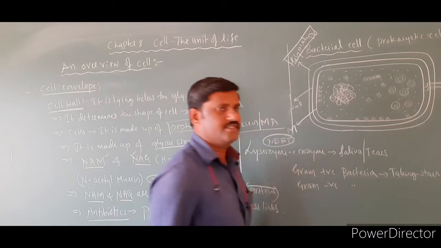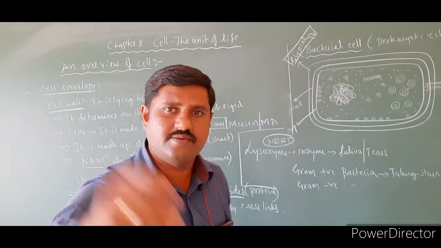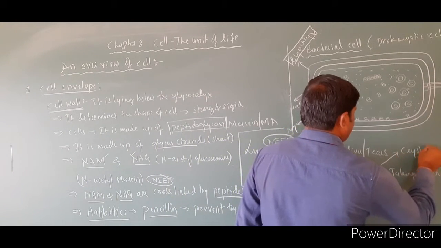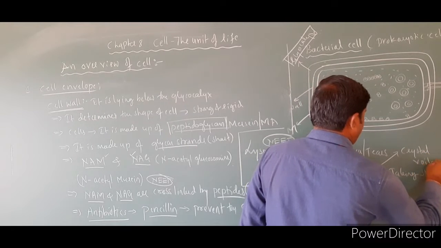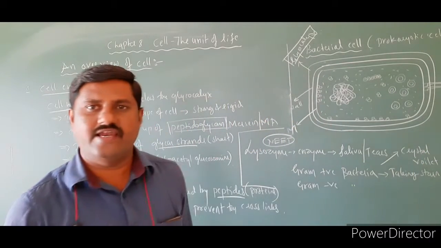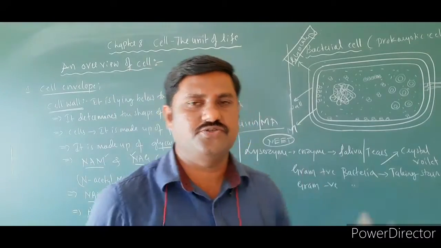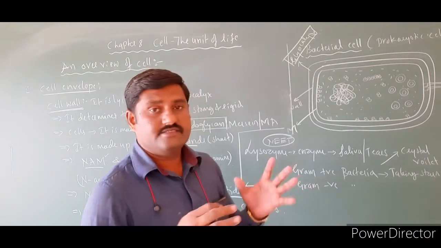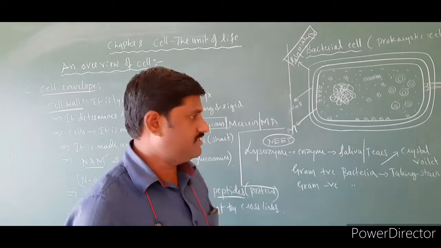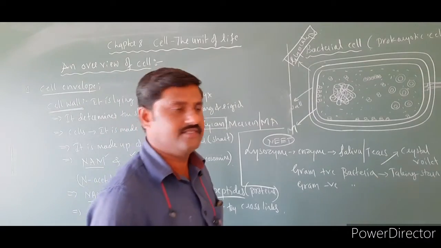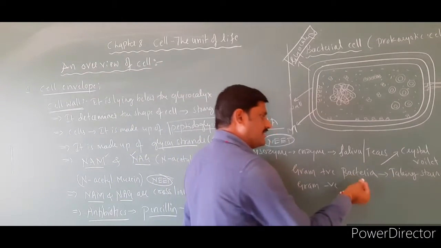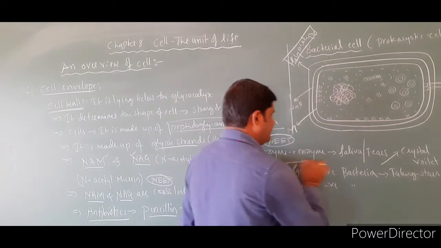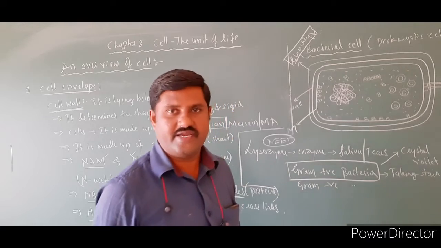What is the stain used for staining the bacteria? It is usually asked: crystal violet is the stain used for staining bacteria, though sometimes other stains are also used. If the bacteria take the stain and exhibit the color, they are said to be gram-positive bacteria.